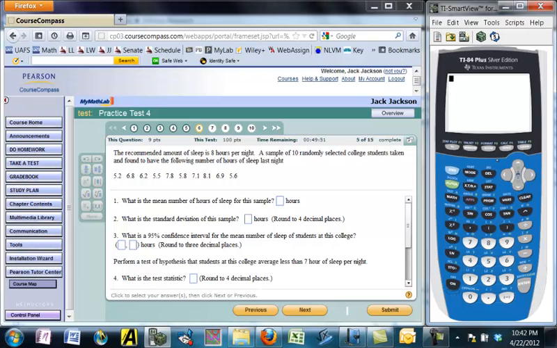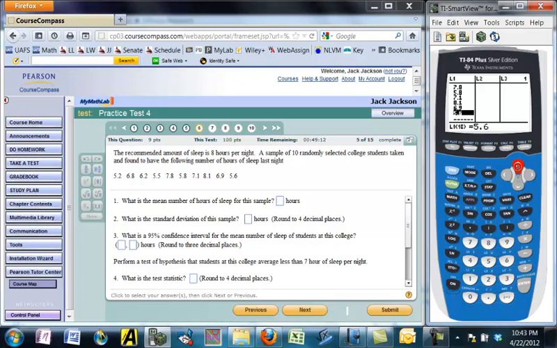What we're going to do now is put this in our data. So stat, edit, put our data in our calculator. 5.2, 6.8, 6.2, 5.5, 7.8, 5.8, 7.1, 8.1, 6.9, and 5.6.